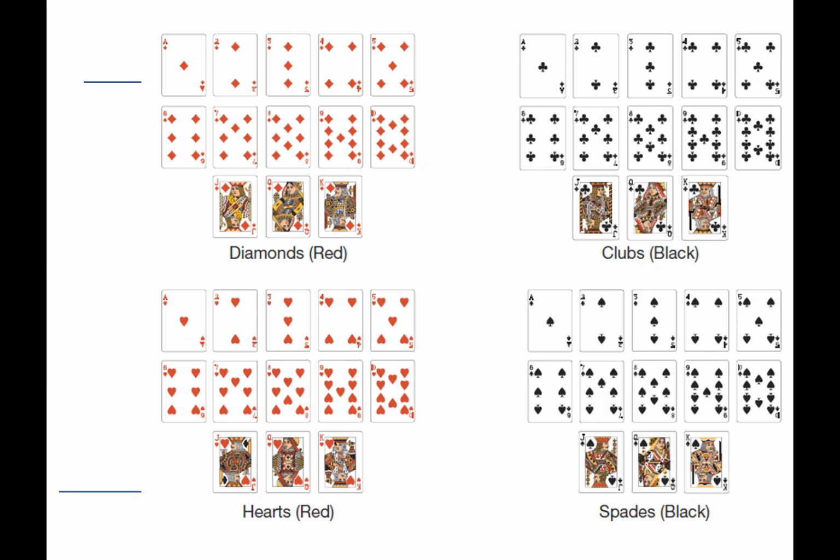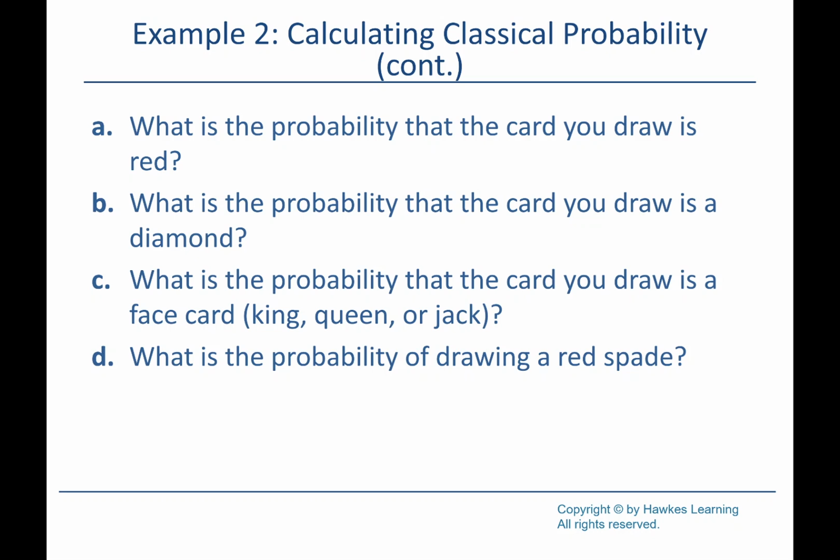So on A, our classical probability is 26 out of 52. Written as the simplest fraction, that's 1 out of 2, or 0.5. You could say it as a decimal too. Questions on that one? We're looking for red cards, 26 of those out of 52 total. 0.5.